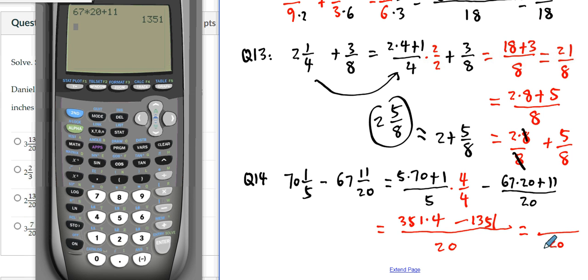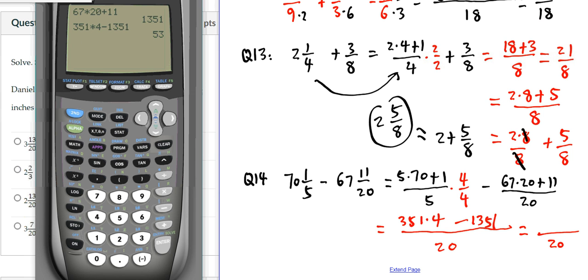Here we then have 351 times 4 subtract 1351. So let me do 351 times 4 subtract 1351.